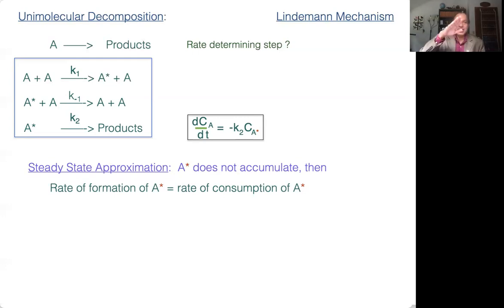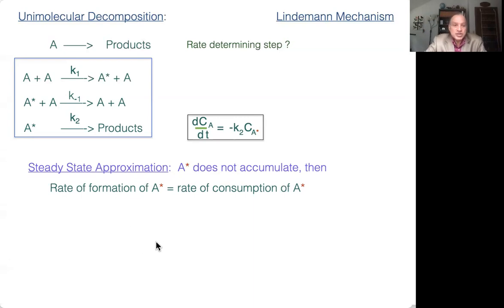It goes up and then constantly bleeds out, and so its concentration doesn't increase. It goes to some value and then stays. It doesn't go any higher with time. It stays the same. So that is valid. And it's not a stable product. So those are the two things that you think about when you say steady state approximation.